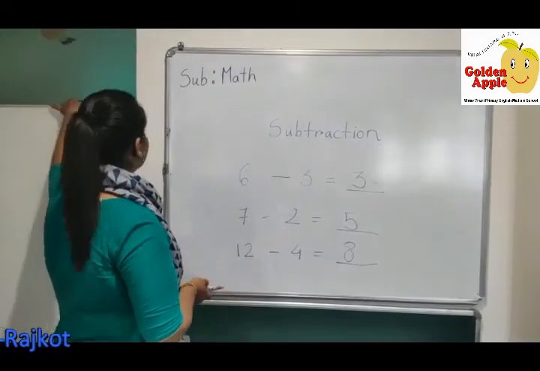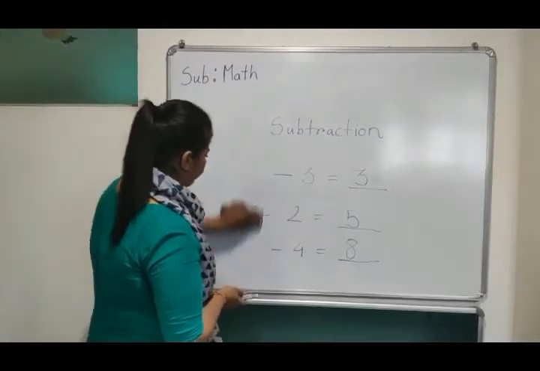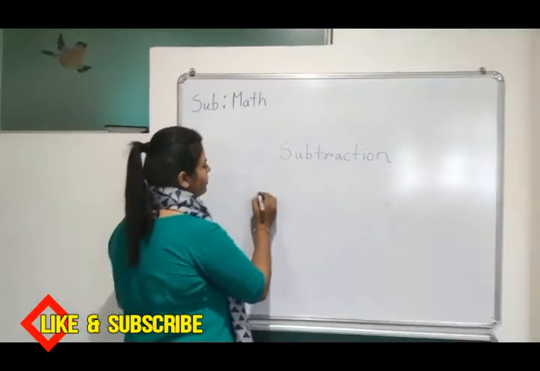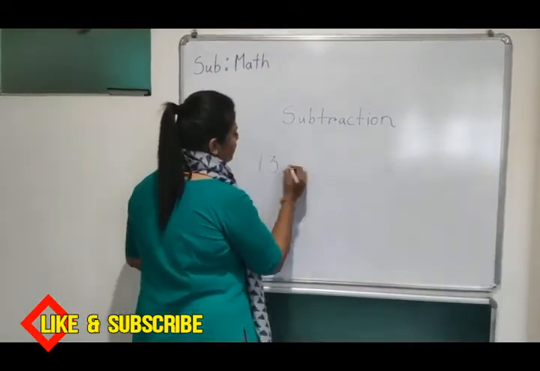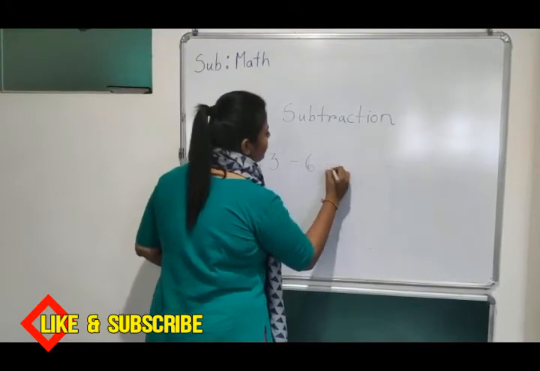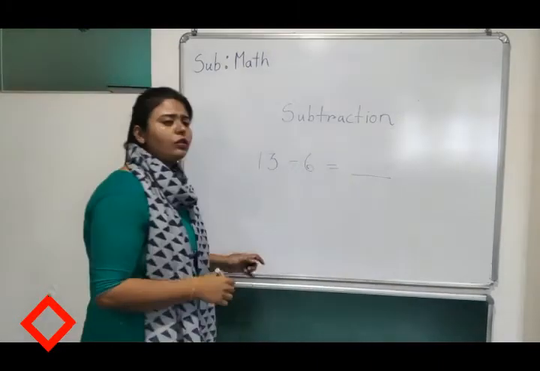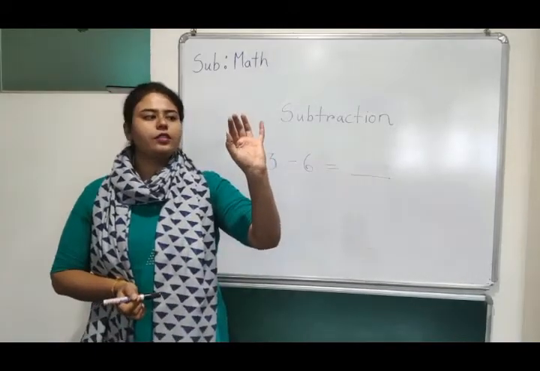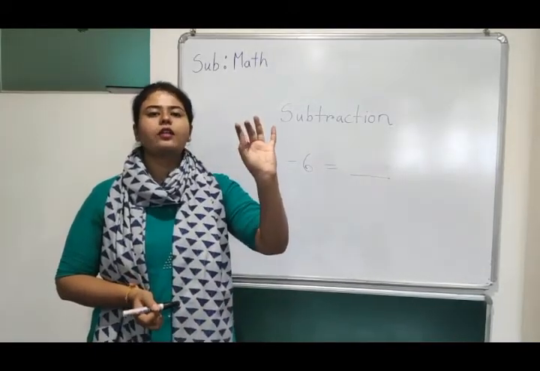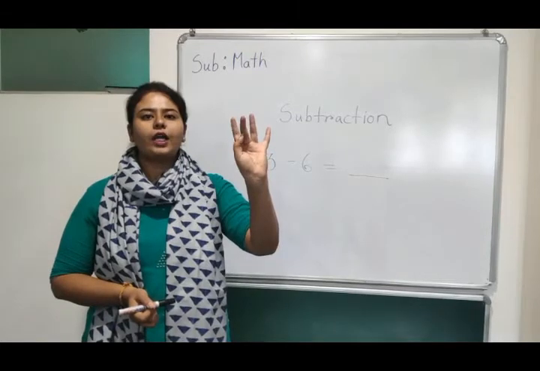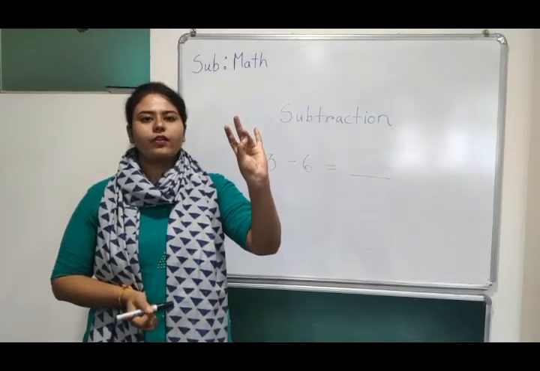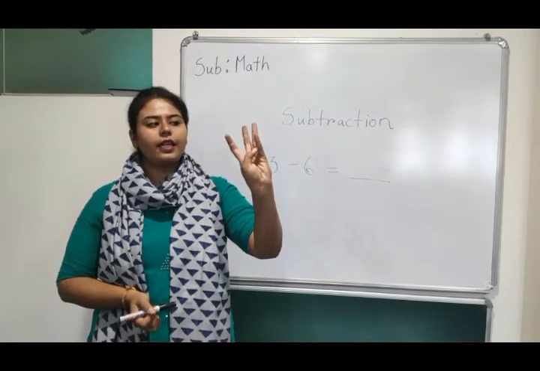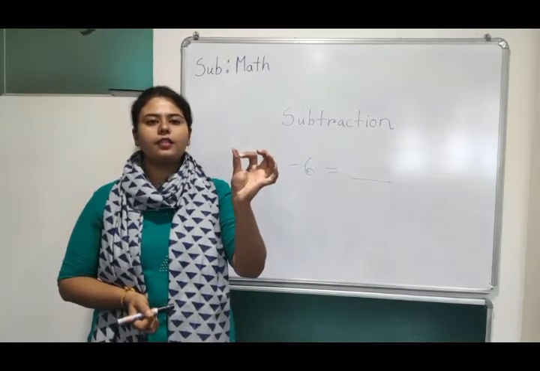Now next one is 13 minus 6. So first I will count 13. 1, 2, 3, 4, 5, 6, 7, 8, 9, 10, 11, 12 and 13.